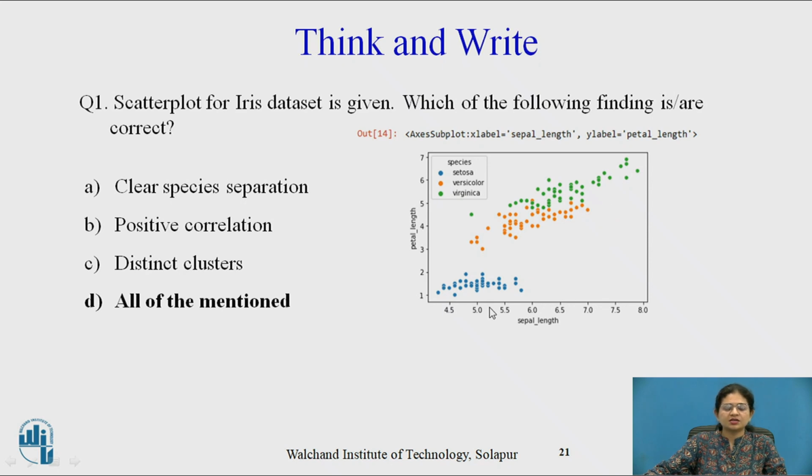And distinct clusters, yes, here the setosa is distinct from the other two clusters. So there are a total of 3 clusters, and all 3 clusters are separate. Though the versicolor and virginica clusters are somewhat near, they do not overlap, or only slightly overlap. So all these clusters are distinct clusters.